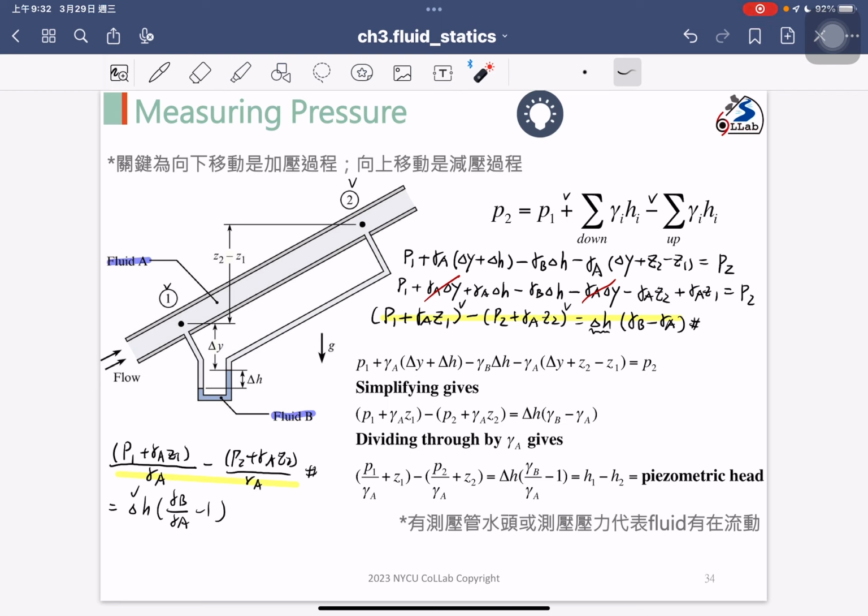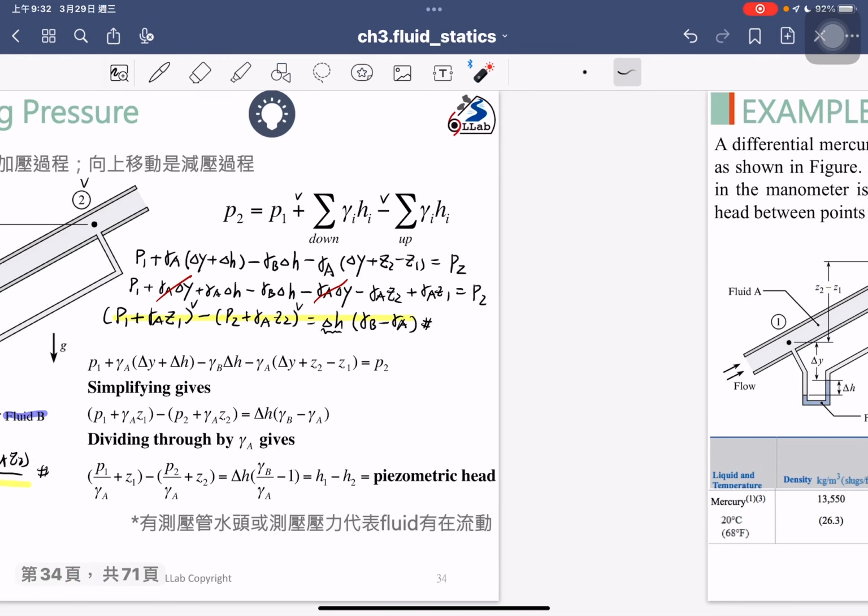So you should know what your manometer fluid is and what your flowing fluid is. If you know the specific weights of the materials, you can compute the piezometric pressure difference between point 1 and point 2. Okay, so keep in mind, and later we have the exercise.